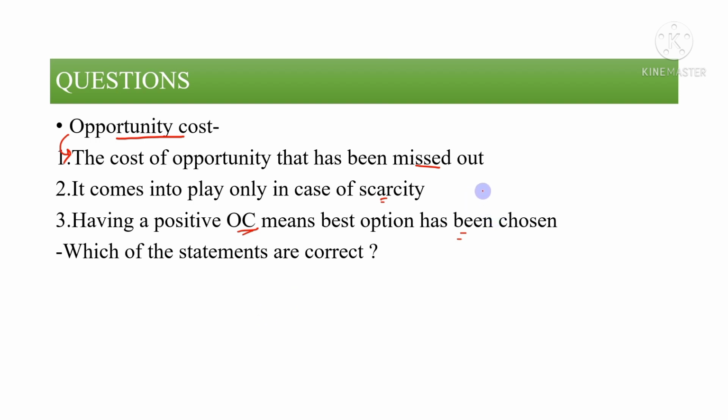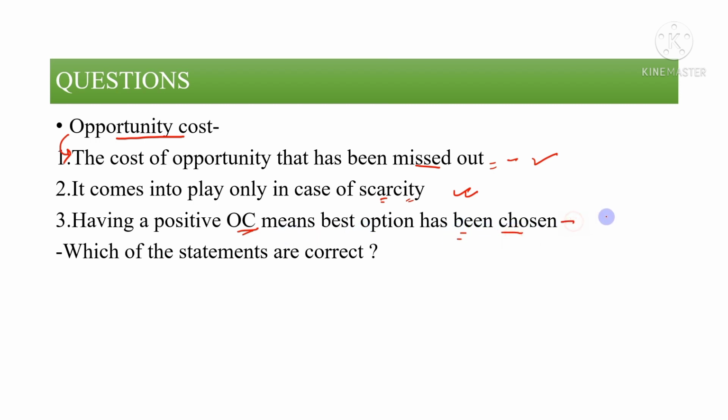Okay, the first statement, the cost of the opportunity that has been missed out, we can say is an opportunity cost. This is correct. It comes into play only when there is scarcity. This is also correct. Whenever there is scarcity, we have to choose how to utilize the resource, so opportunity cost comes into the picture only if there is scarcity. Having a positive opportunity cost means the best option has been chosen.